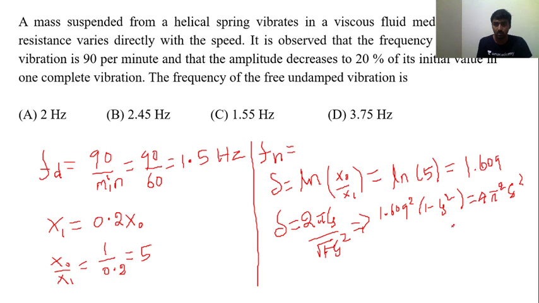From this we need to identify the zeta value. Wait a minute, okay, I will multiply it and give the value here. It is 2.59. So 2.59 into zeta square, we have to take to the right hand side. 4 into pi square is 42.06.